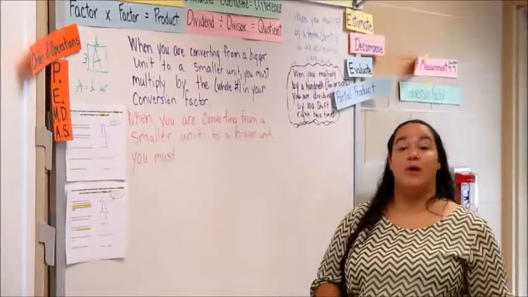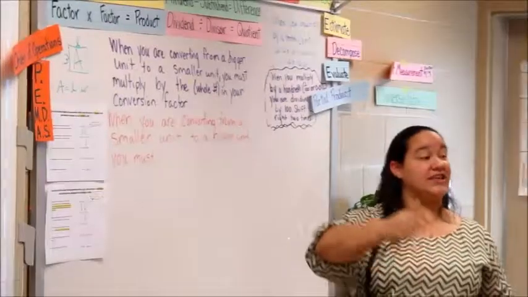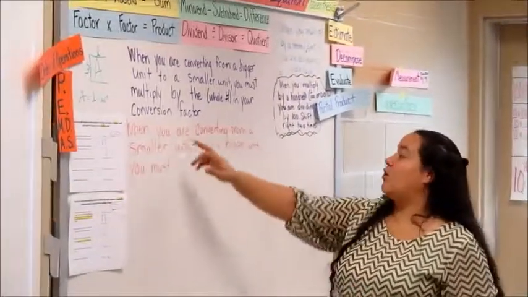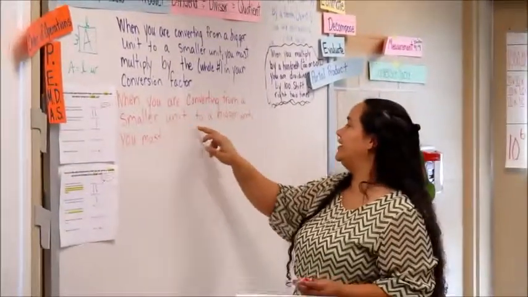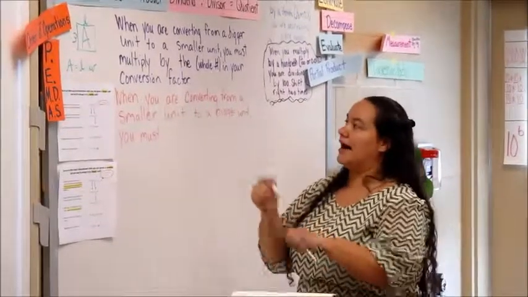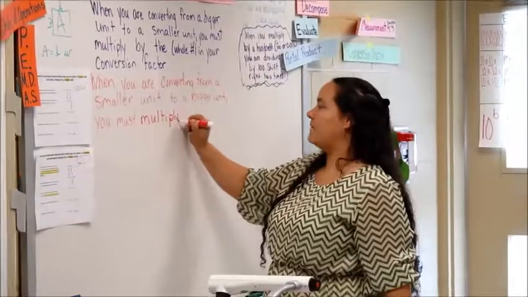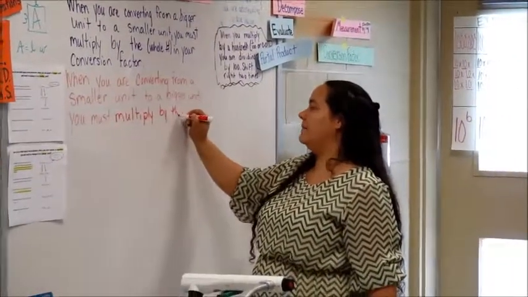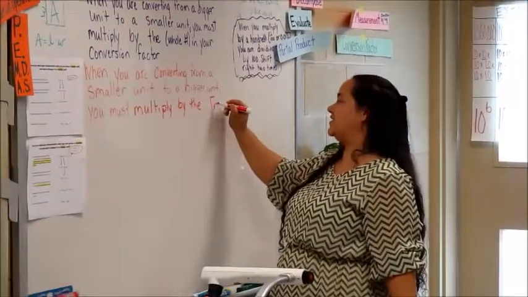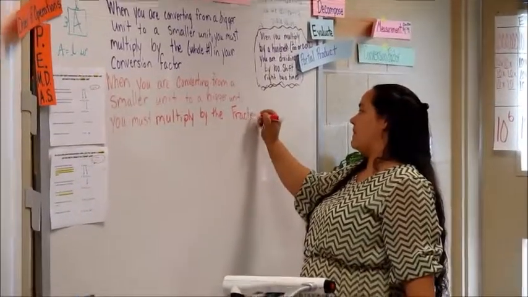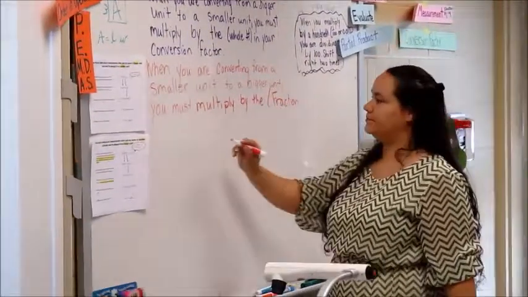No. You're multiplying by a what? A fraction or a decimal. All right, so when you're converting from a smaller unit to a bigger unit, you must multiply by the fraction or decimal.